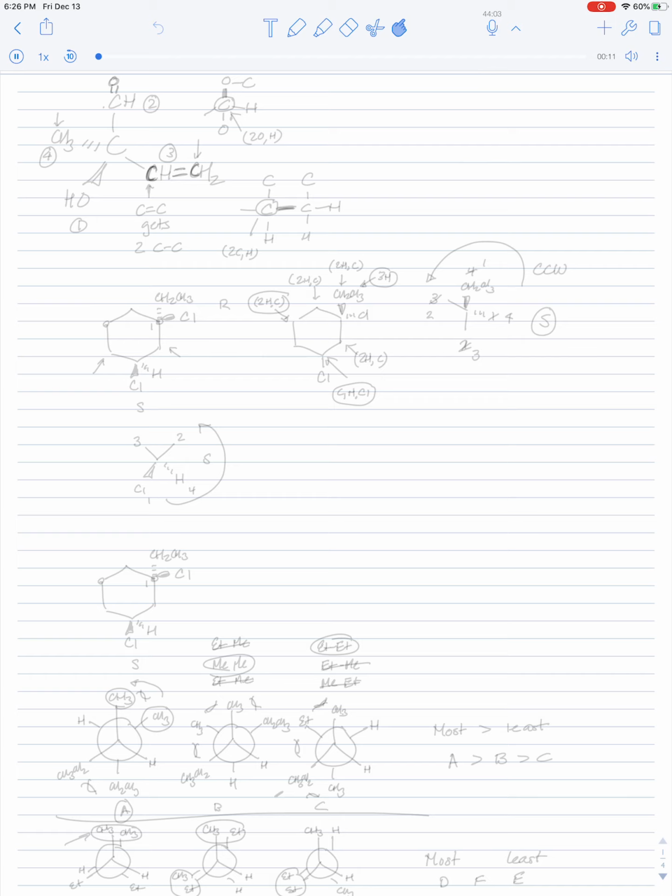But, okay, so when you have a chiral carbon and you want to deal with, let's say I have a double bond, an OH, a CH3, and let's make it a carbon-oxygen double bond.